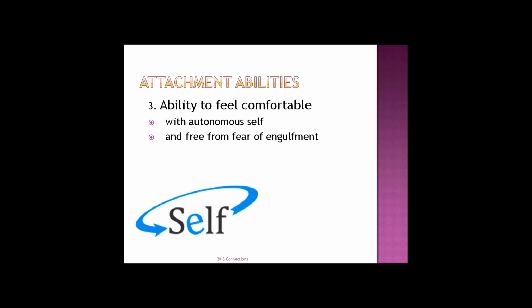A healthy attachment here means that you know that if you offer a connection to your heart, to your experiences, and to your emotions, you know deep down that I'm an independent person and who I am is safe from being overtaken by the other person. So that's what this is talking about. An ability to feel comfortable that you're a separate independent person and that you won't be engulfed by the other person.